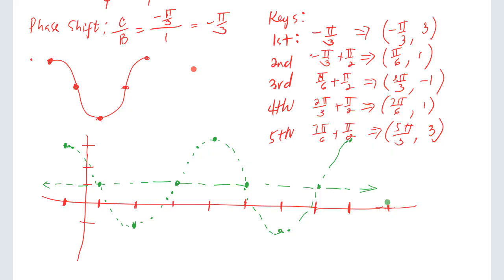I'm ending up my point here at 13 pi over 6. Okay, all right. Remember, the asymptote here would be the point intersecting the midline. Okay, so this would now be our asymptote.